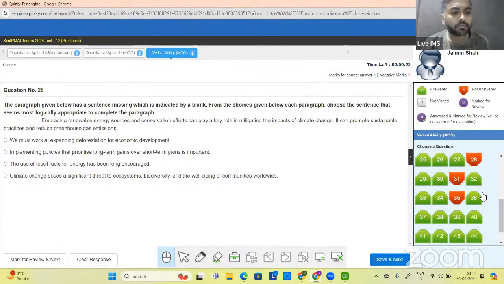Climate change poses a significant threat to ecosystems, biodiversity, and the well-being of communities worldwide. The use of fossil fuel for energy, embracing renewable energy sources, and conservation efforts can play its part. It's C or D. I'll go with D.